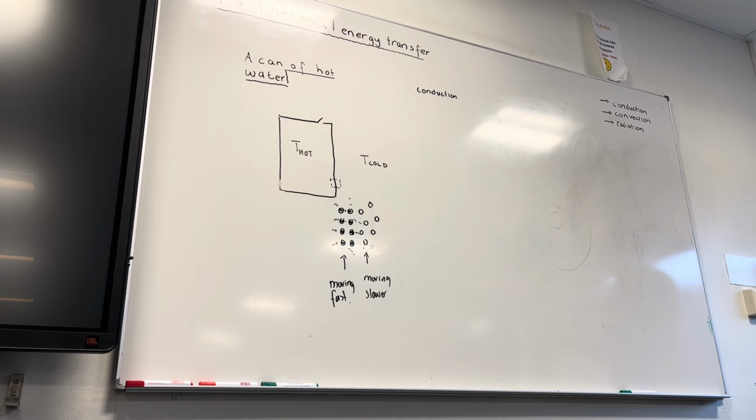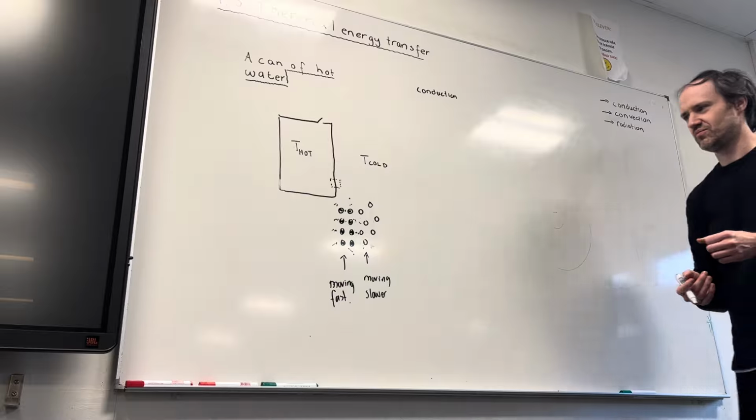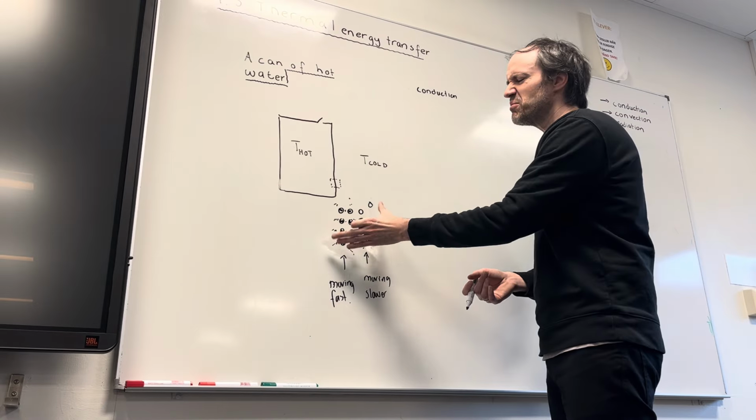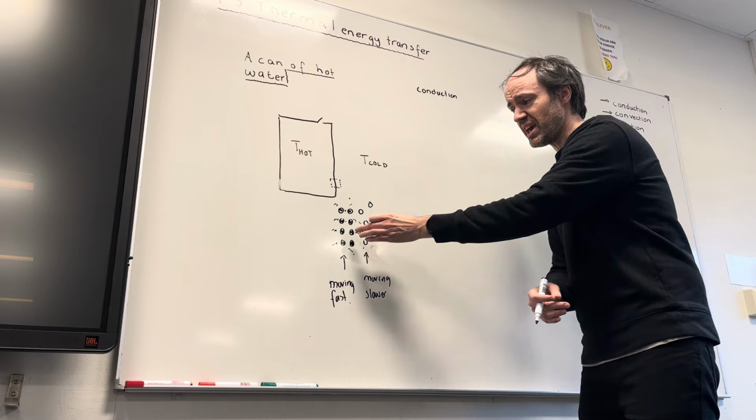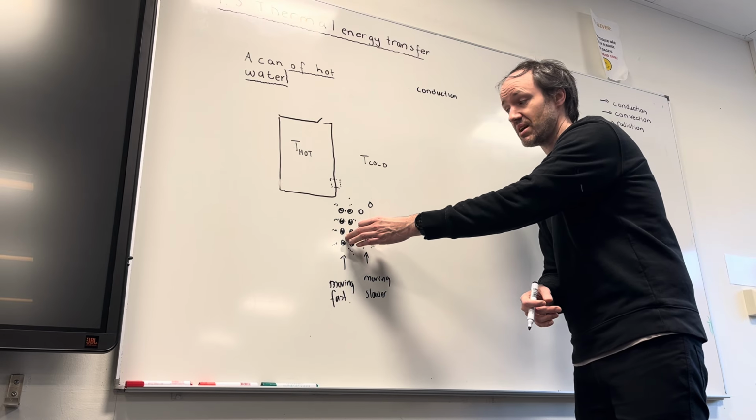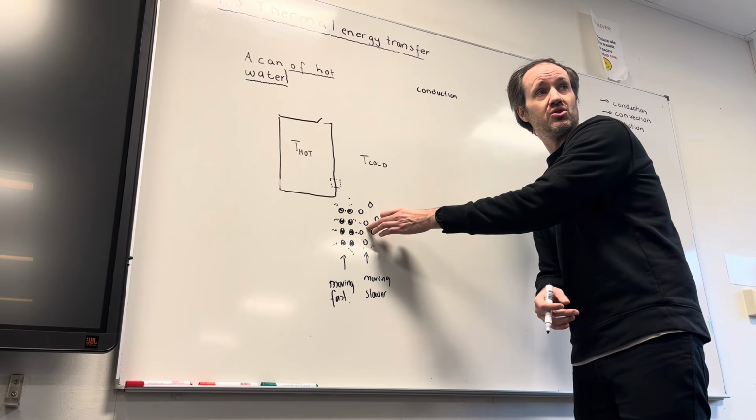All right, but what happens now? You have fast moving atoms in contact with slow moving particles. What will happen? Lamia? Do they just mix, and then they have kind of medium moving particles? Yeah, I'm not sure they mix, but these here, they move fast. They will put the others into higher motion.